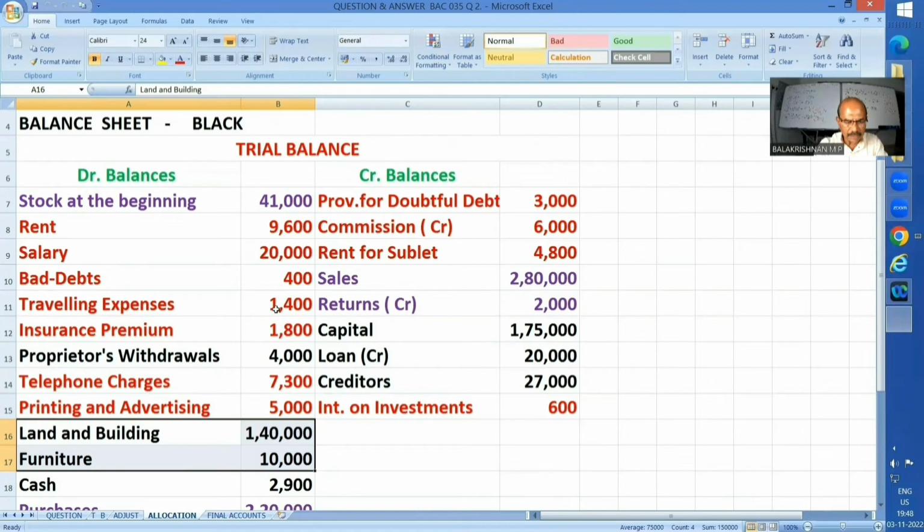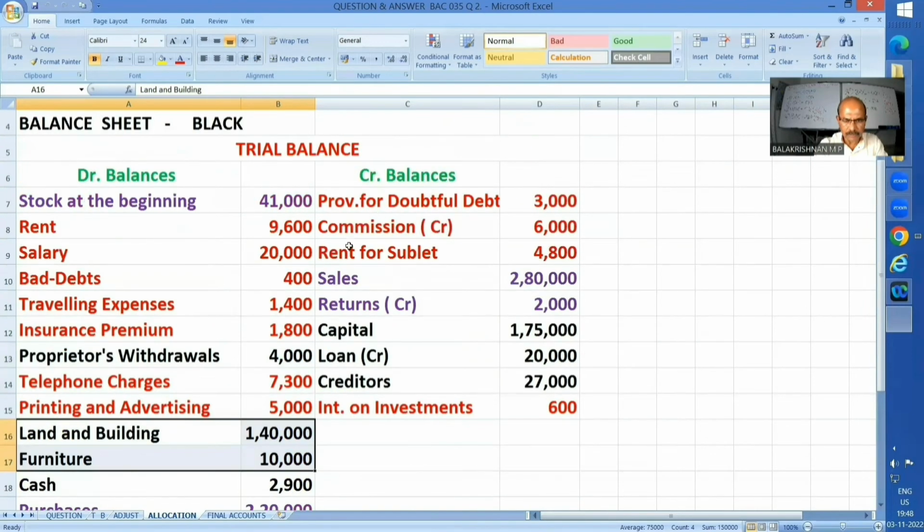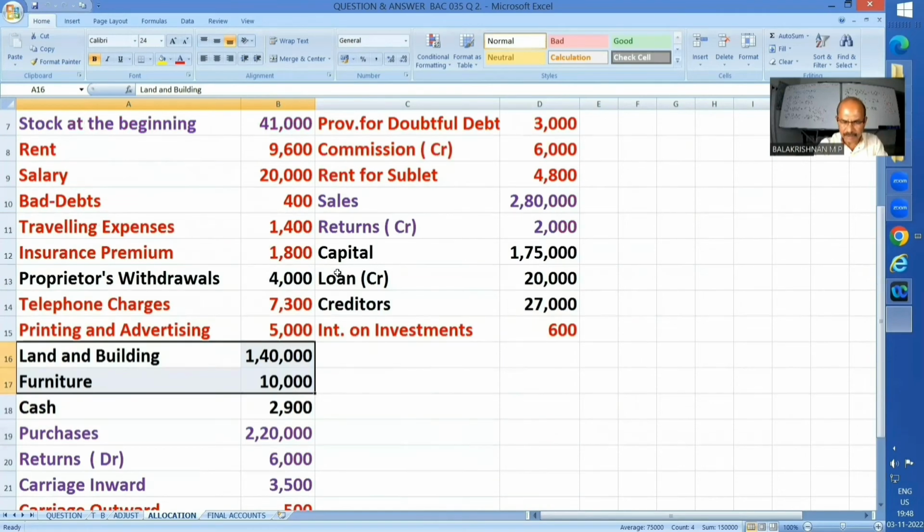I am indicating it against red items. And the remaining ones are our balance sheet items. Proprietor's withdrawals is a synonym of drawings. You're familiar with all this. Capital, loan, creditors, that's all.